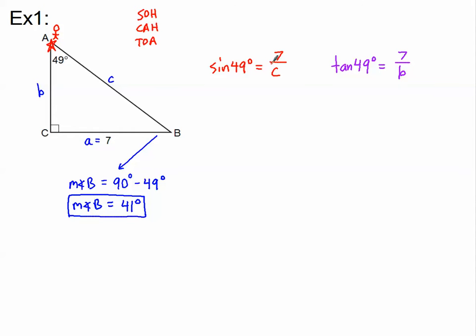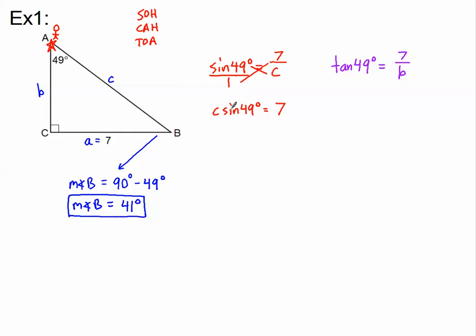I'm going to solve these just like I would a proportion. I'm going to put this value over 1 so I can see my cross multiplication. I always like to start with the diagonal that has the variable, so that's going to be C times the sine of 49 degrees. And the other diagonal is what it will be equal to, which is of course 1 times 7, which is 7. So my variable is being multiplied by some number.